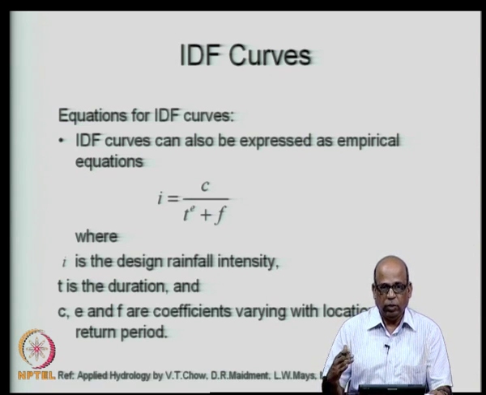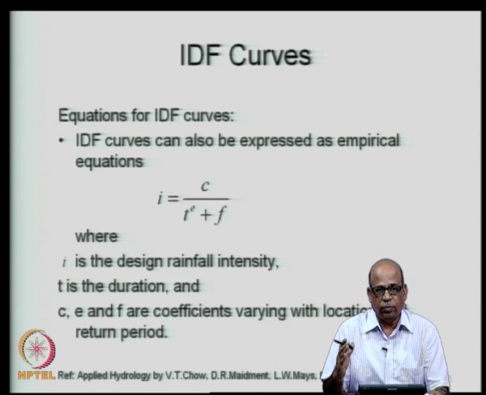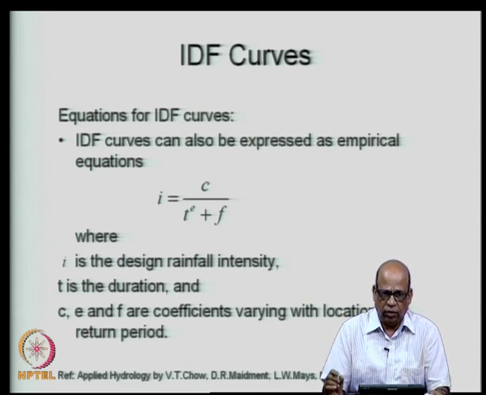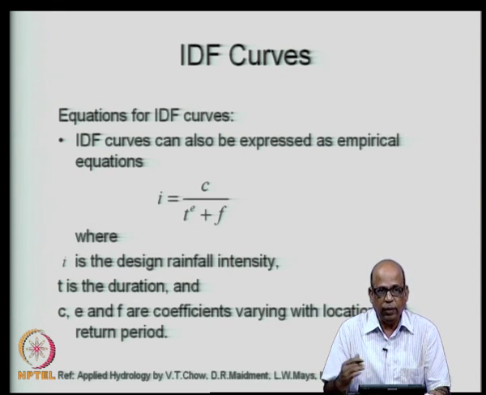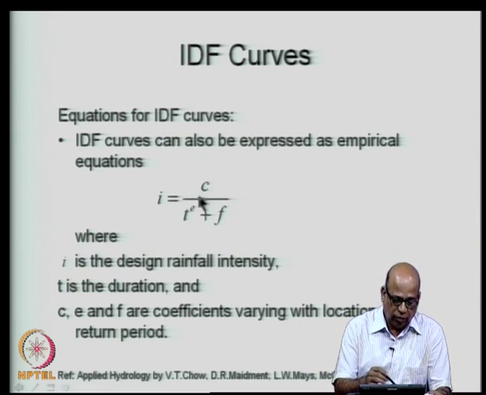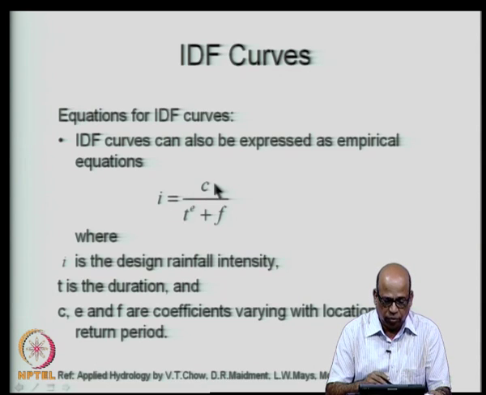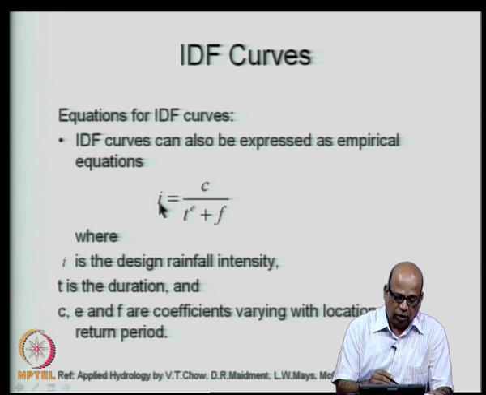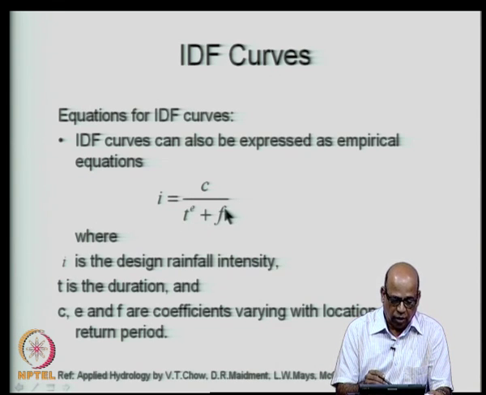What we will now do is go through some of these empirical relationships, including those proposed specifically for the Indian regions by many Indian researchers, and we will see how to use them to construct the IDF relationships. Now, one of the classical ways of expressing this is I is equal to C divided by (T to the power E plus F). I is the intensity, C is a constant, T is the duration and F is another constant.